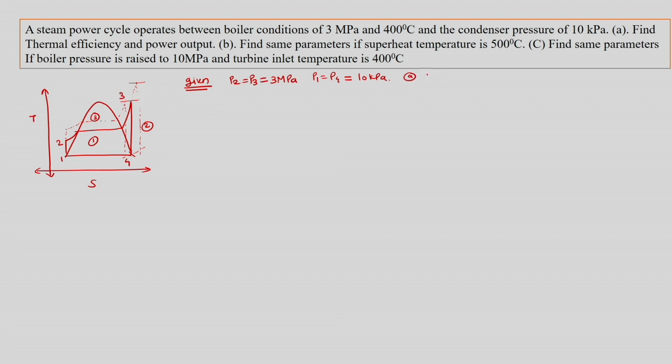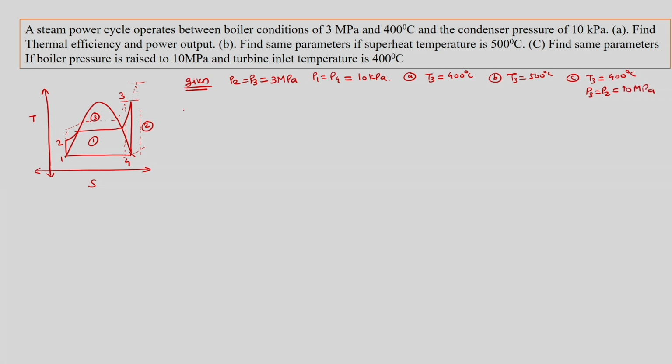In example A, T3 is equal to 400 degrees Celsius. In B, T3 is equal to 500 degrees Celsius, and in C we have T3 is again 400 degrees Celsius, but P3 is equal to P2 is having a raised value of 10 megapascal.